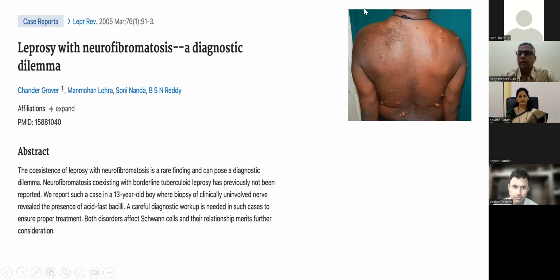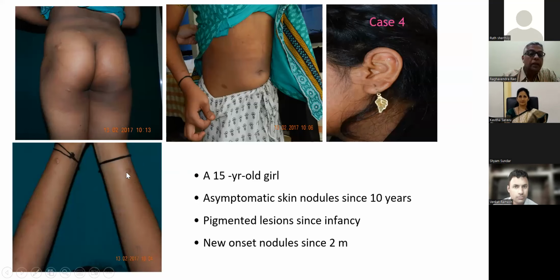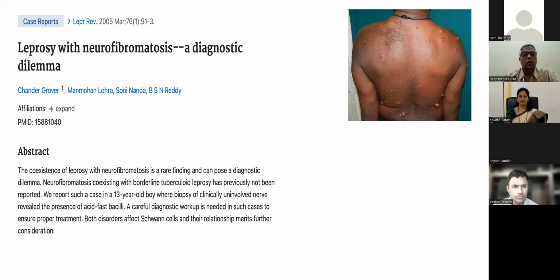Classical neurofibromatosis will present with multiple nodules sitting on the skin, whereas in lepromatous leprosy, you can see here, they are slightly infiltrated lesions present deep inside the skin in the dermis. That's how you make the diagnosis. Though uncommon, there are a few reports of coexistence of lepromatous leprosy with neurofibromatosis.